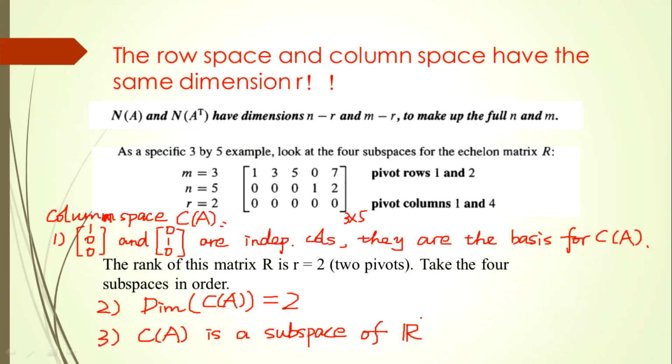So they are in the subspace of R3. Are you clear? So that is what we said: the column space is the subspace of Rm. This 3 is m. So that is the column space.